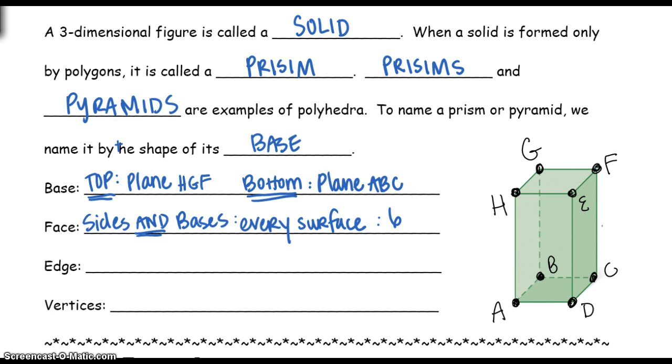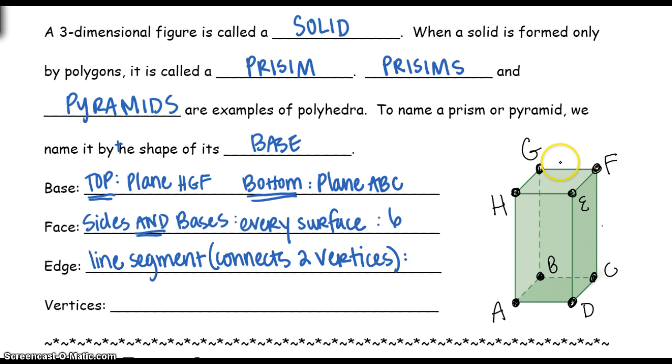Okay, let's look at the next one, edge. I say it's a line segment, and it's a line segment that connects 2 points. Or, if you want to sound real fancy, connects 2 vertices.